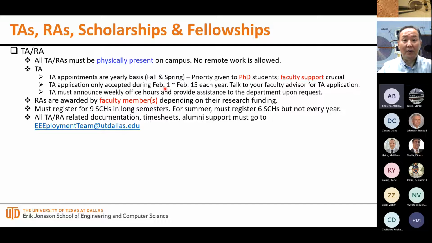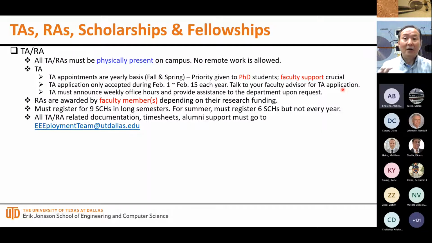So if you are awarded as a TA, very good. If you are not awarded as a TA but you are interested, once again, priority is given to PhD students, please be sure to understand that. And faculty support is crucial. So you need to have faculty support for your TA application. Talk to your faculty advisor for the TA application.